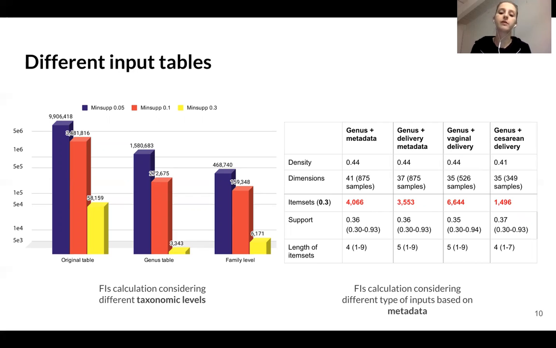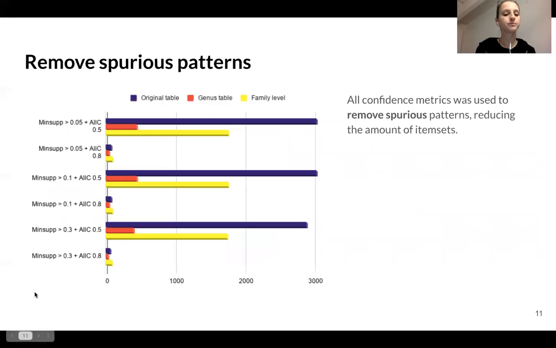So we can filter the datasets based on the metadata and then calculate our patterns, and we can have very different results, and we can reach patterns with a lower frequency in this way. And also we can include the metadata into our patterns with the option yes or no, and this can be really useful.